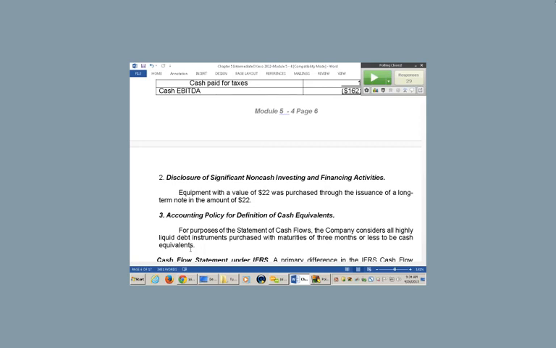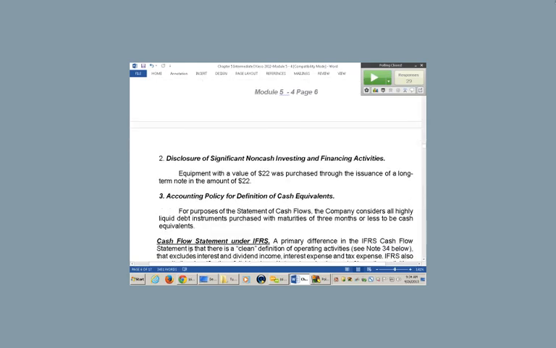And the third disclosure is also the same, which is the accounting policy on the definition of cash equivalents.